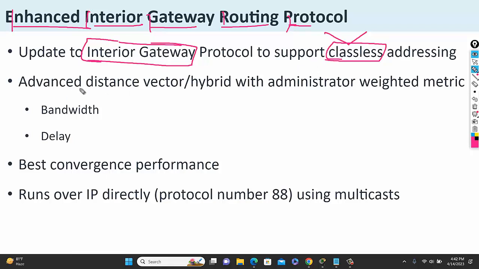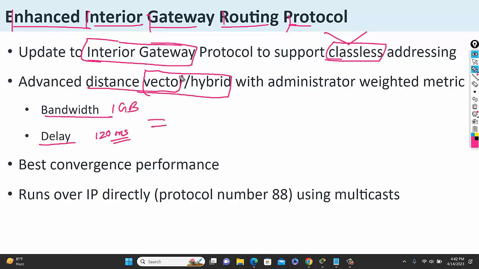It uses an advanced distance vector, hybrid, with an administrator-weighted metric, and the metric uses the bandwidth and the delay, like 1 GB bandwidth and a delay of something like 120 ms. The calculation of both is done as a distance vector.